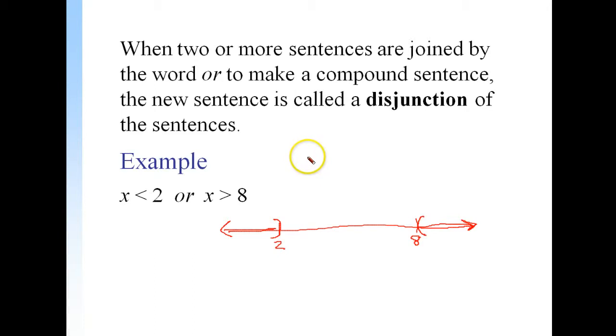Well, we would write it in interval notation that it's coming from negative infinity up to 2. And then we put the union sign to indicate we're joining that with the parenthesis of 8 there, up to positive infinity. Okay, that's basically how I would write it.